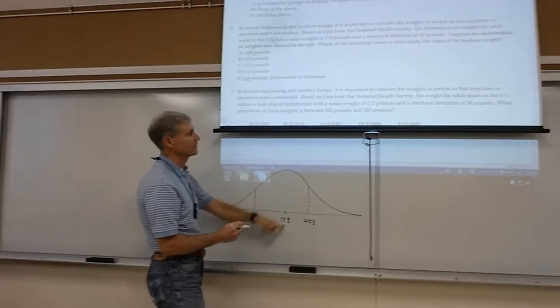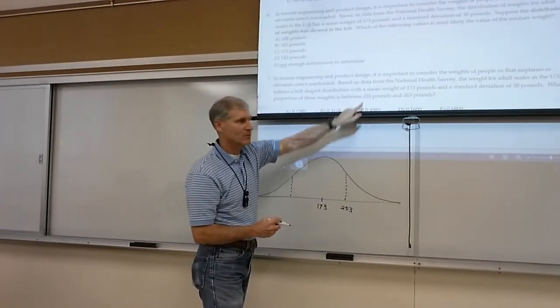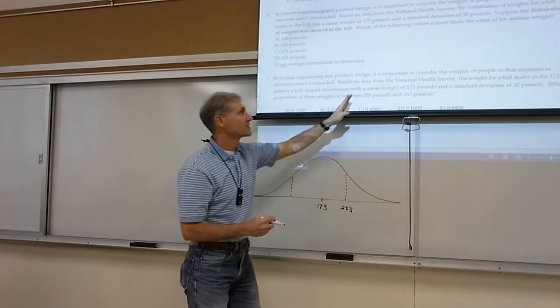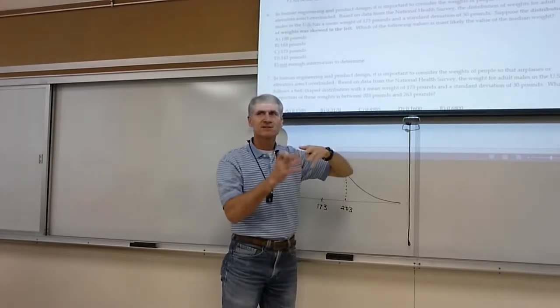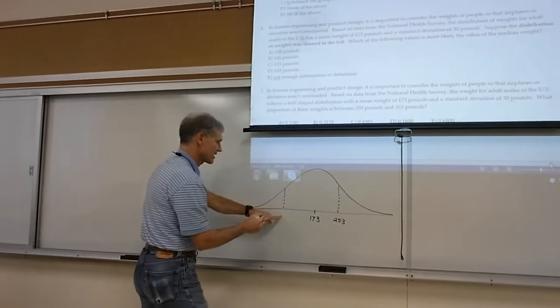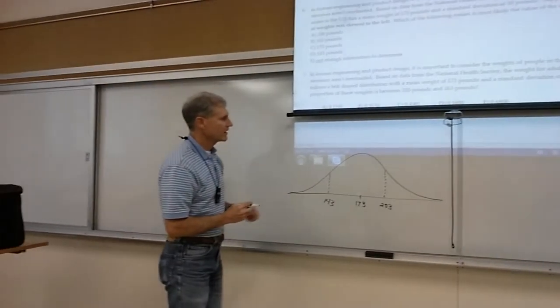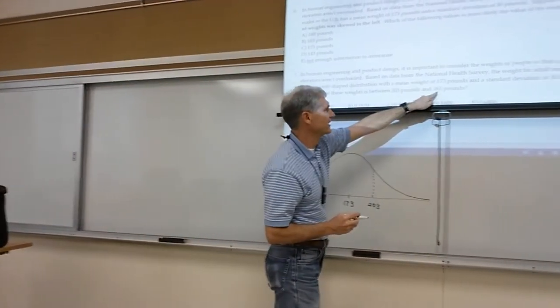Oh, there's a clue that they happen to use that exact number, 203. So empirical rule problems will always be some multiples of the mean plus or minus standard deviation. So then on this side is 143, and then 263.